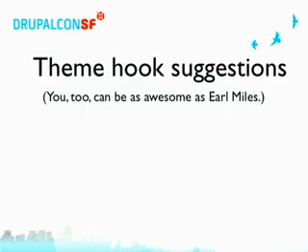So one of the other things that you'll want to do when you start reusing theme hooks is, besides just reusing the theme hooks, you can use this idea called theme hook suggestions. This is what it's called in D7, and it's actually in Drupal 6 as well.